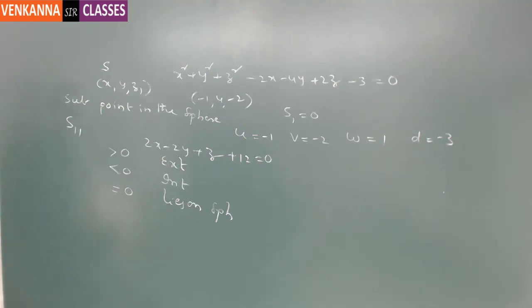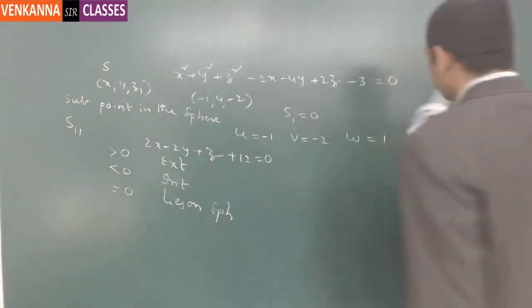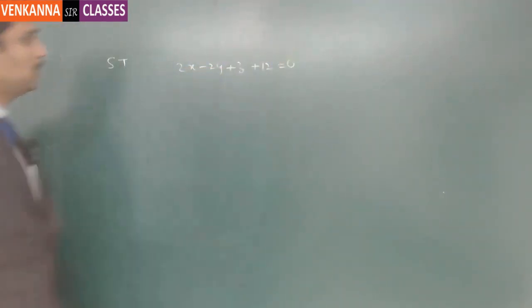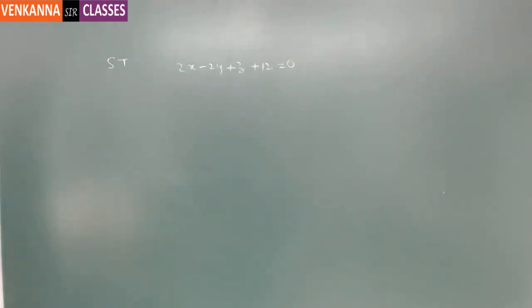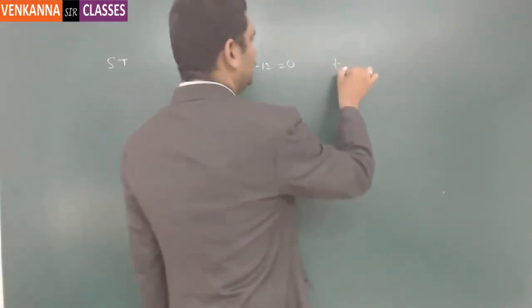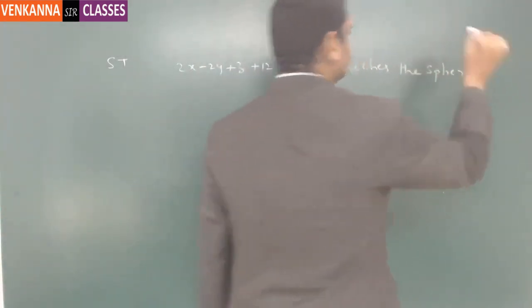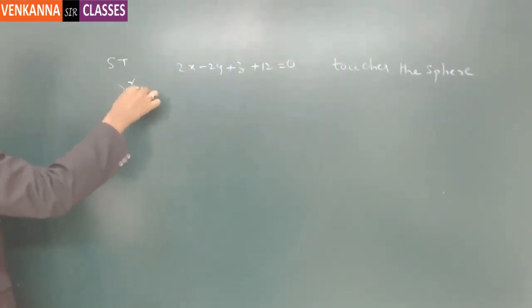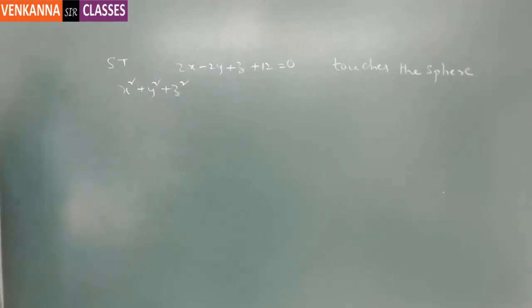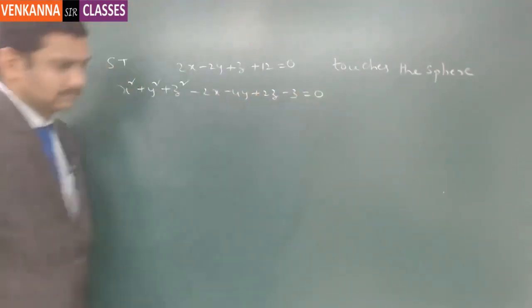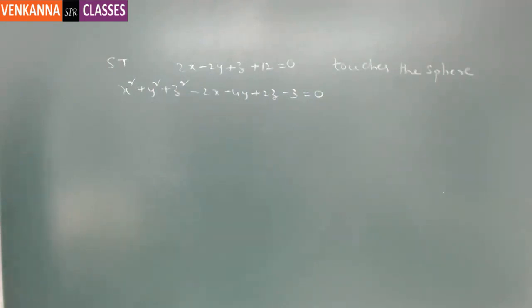Now let us go to the other model. Show that the plane 2x minus 2y plus z plus 12 equal to 0 touches the sphere x square plus y square plus z square and find the point of contact.